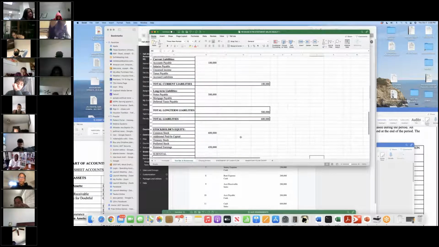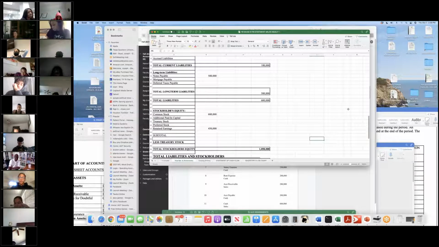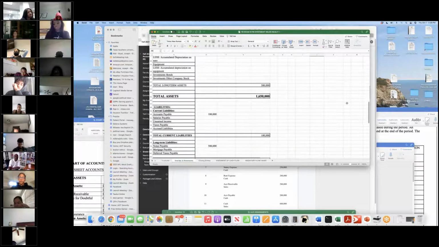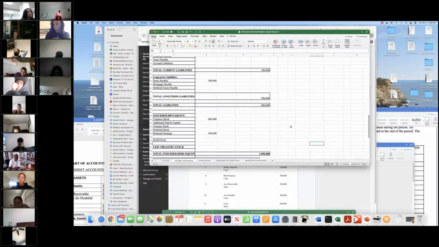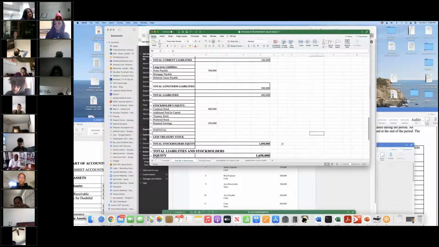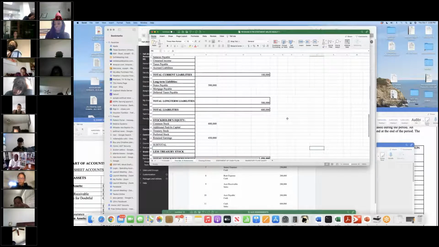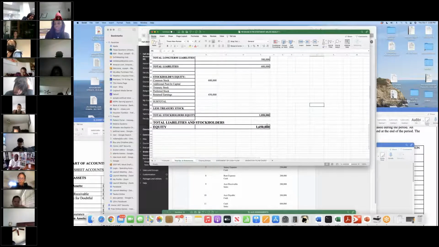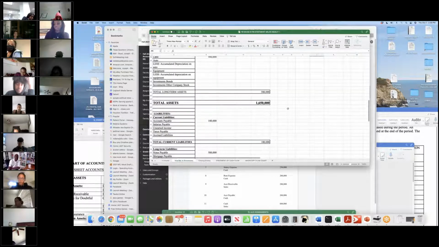Then I'm assuming common stock 600. That 450 was our ending retained earnings, right? So we add $1,050,000 and the 600, and we get $1,650,000, which is the total assets. So it does balance.